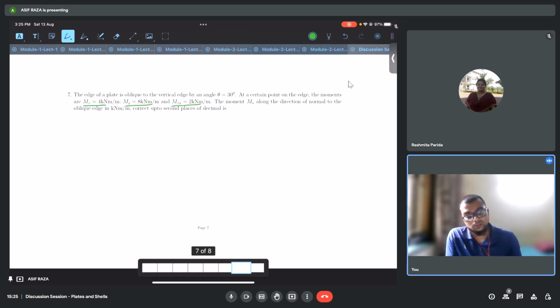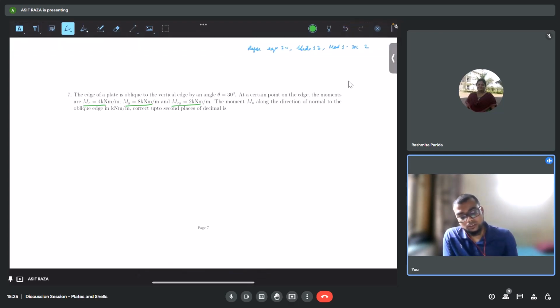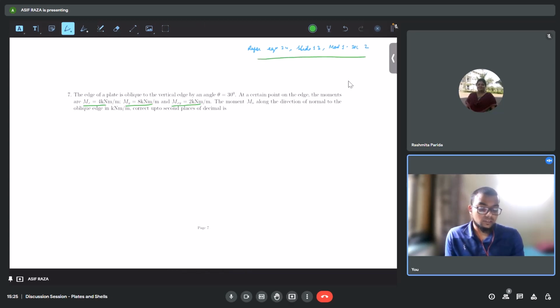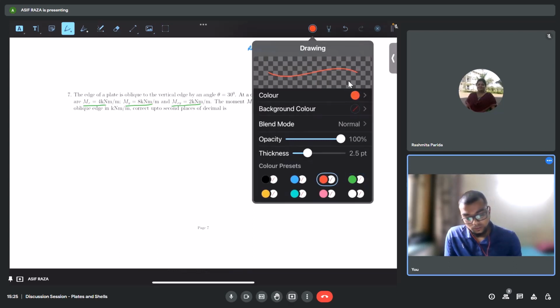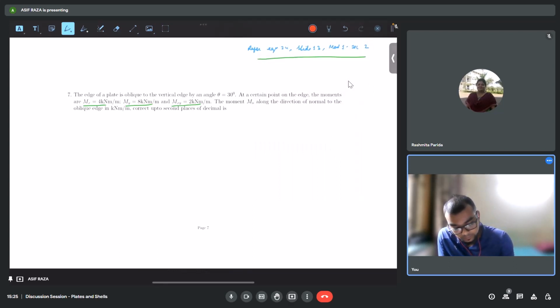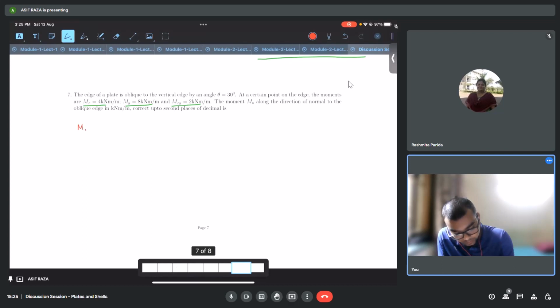So to solve this, you can refer to equation number 24, slide number 13, module 1, lecture 2, where the oblique moment Mn is given as (mx plus my) by 2 plus (mx minus my) by 2 cos 2 theta plus mxy sin 2 theta.